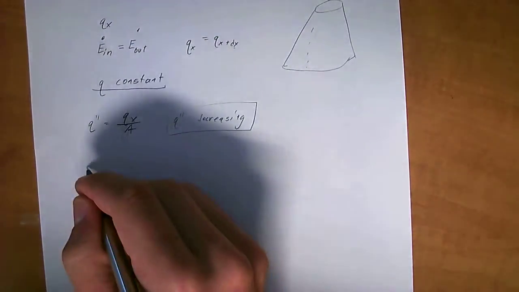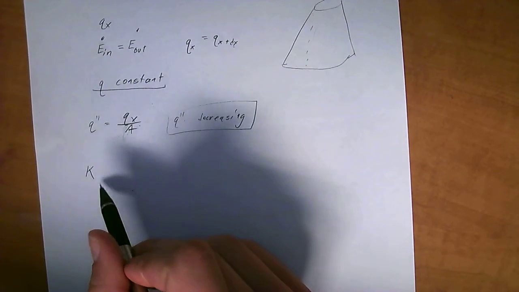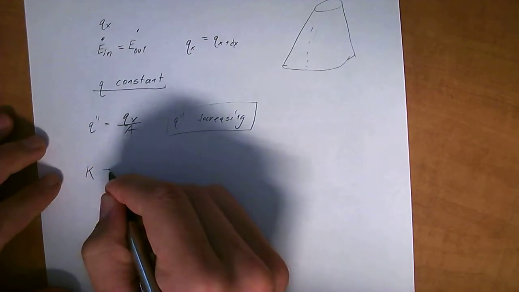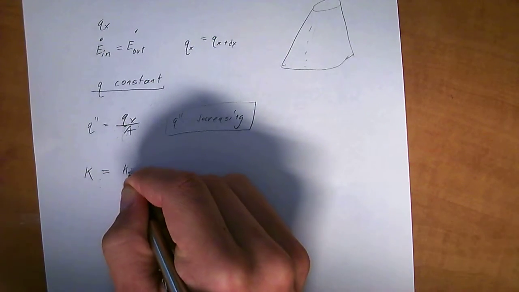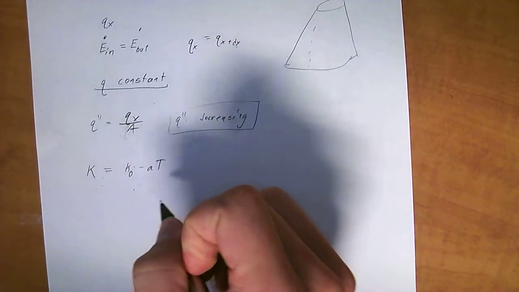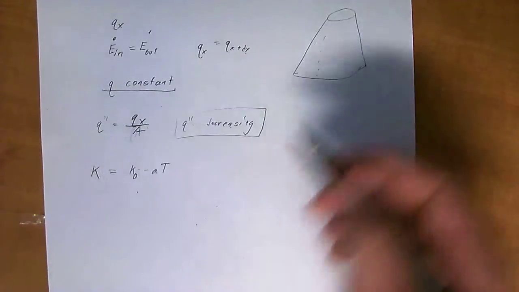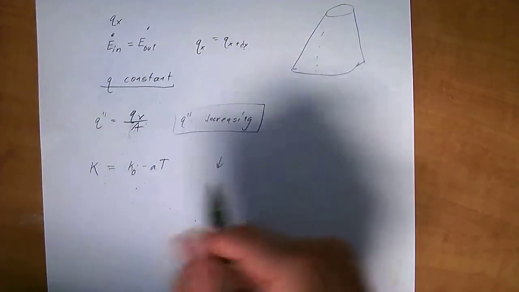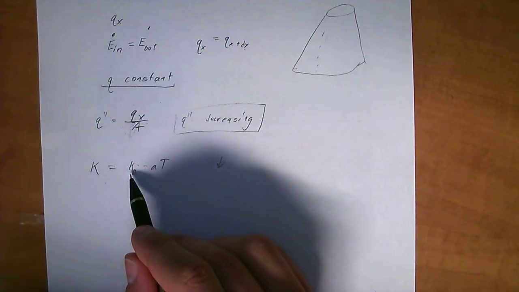What was the other value we had to find? Okay, so k. k is typically a material property, so it shouldn't change generally. But in this situation, k is equal to k naught minus aT, where a is just some constant, and T is changing. T is getting smaller as we go on.